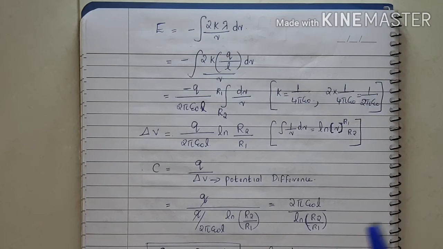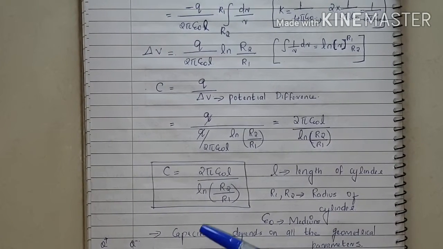C is nothing but, we know that the charge stored in a capacitor can be written as Q equal to C into V. So C equal to Q by the potential difference delta V. Substituting the value for delta V, C equals Q divided by Q by 2 pi epsilon 0 L ln R2 by R1, equal to 2 pi epsilon 0 L divided by ln R2 by R1.